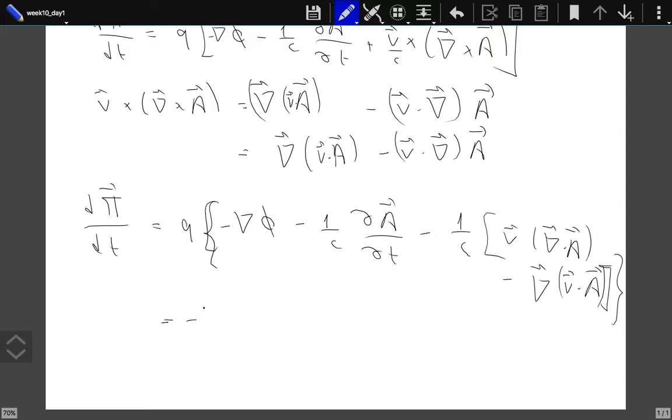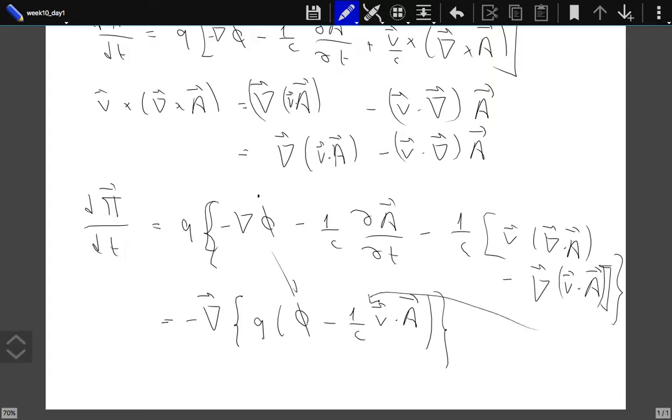This is minus the gradient of Q times phi minus 1 over C V dot A. You see, the first term is over here, and this term is this one.